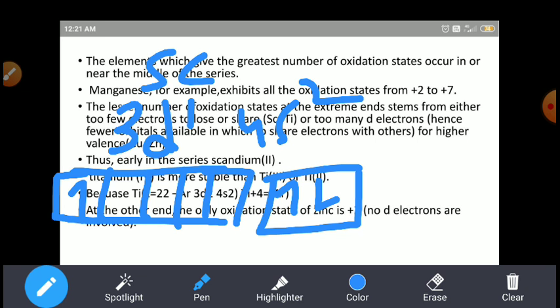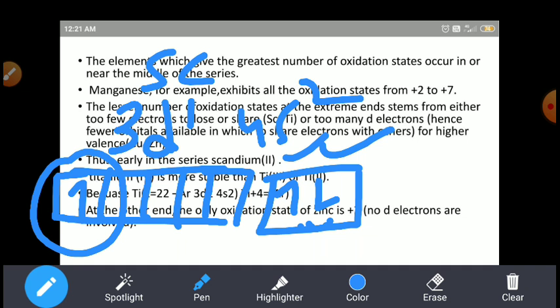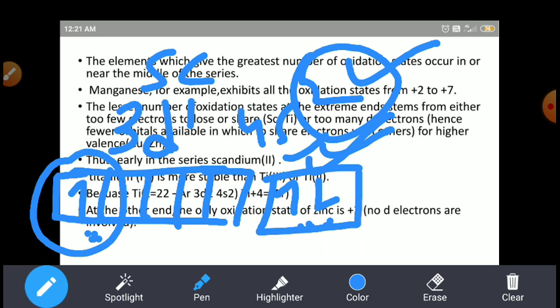Scandium, the initial element, exhibits this +2 oxidation state: with one electron in the d orbital, it releases the 2 electrons from the 4s orbital, and then it exhibits scandium +2.